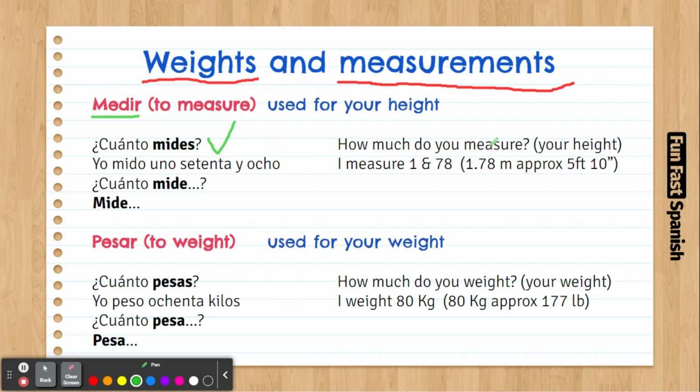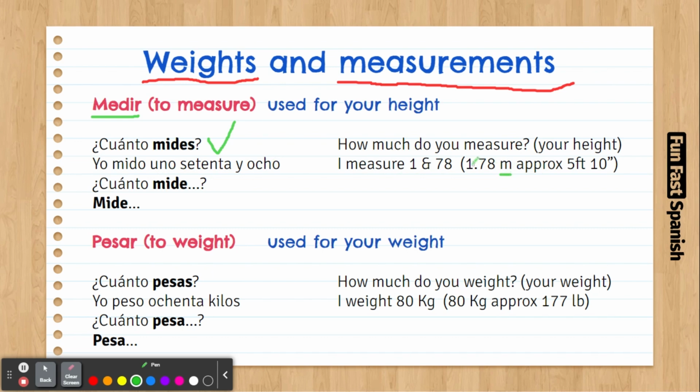When we hear this, of course, it's weird, right? How much do you measure? It's actually your height. The answer will be, yo mido 1,78. It's like I measure 178. So now we use meters, we don't use feet.